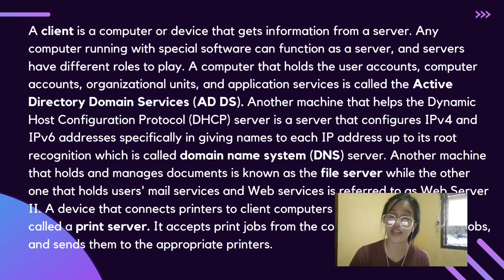Let me give an analogy so you can easily understand DHCP. For example, a restaurant has a limited number of tables. If a customer arrives, the restaurant host greets them and assigns them to a table. The host keeps track of which tables are in use and which are not yet in use. The DHCP server is like the restaurant host because it tracks which IP addresses are in use and not in use.